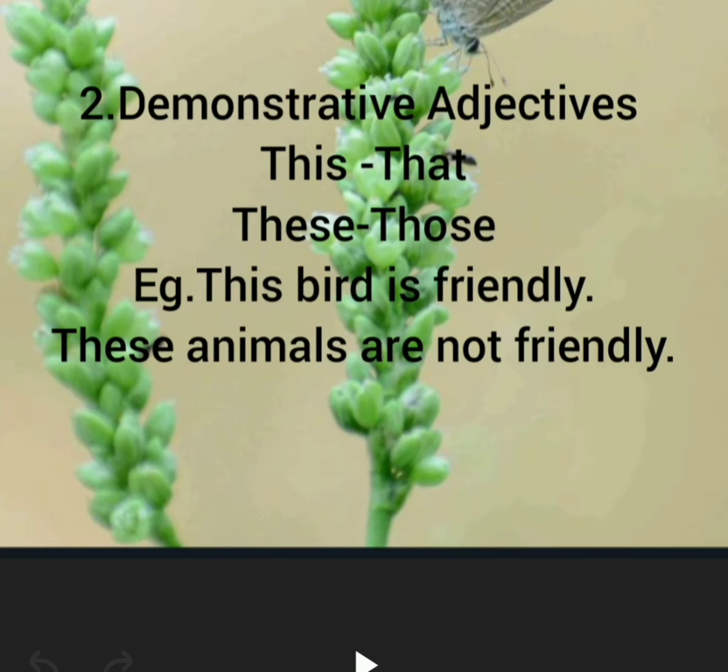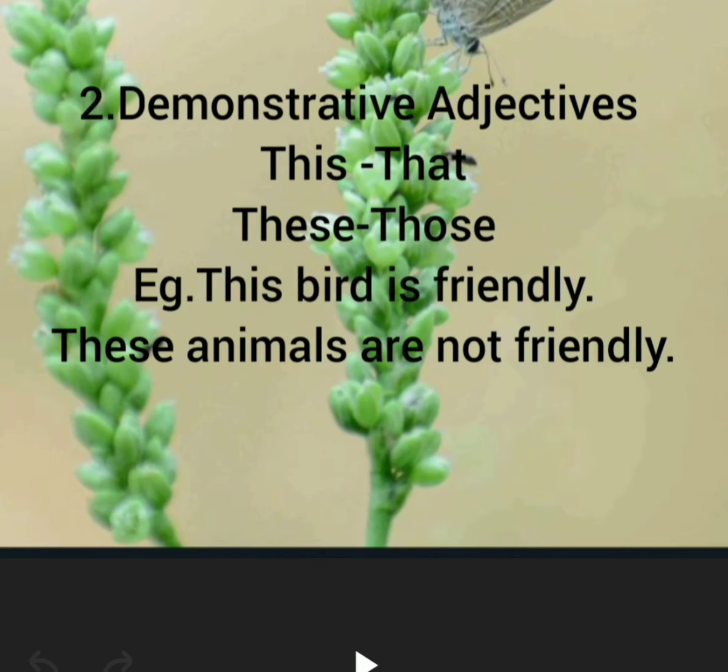By using the demonstrative adjective that, we can write this sentence again. That bird is friendly. This bird is friendly, but using the demonstrative adjective that also we can refer to this bird.